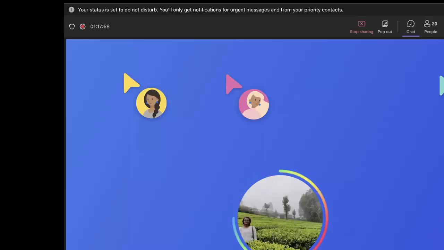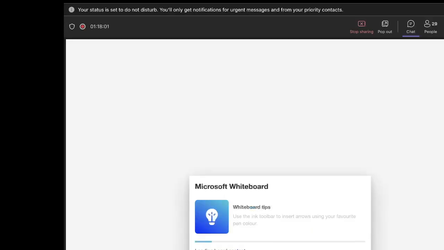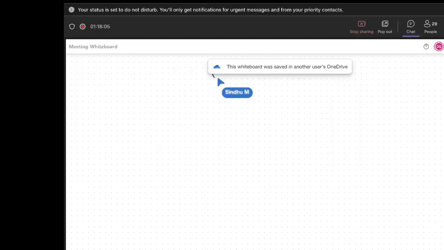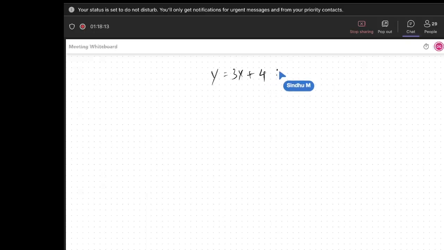So in this question they had given y is equal to 3x plus 4, and expectation of x was also given, is equal to 2. So you can use the formula.